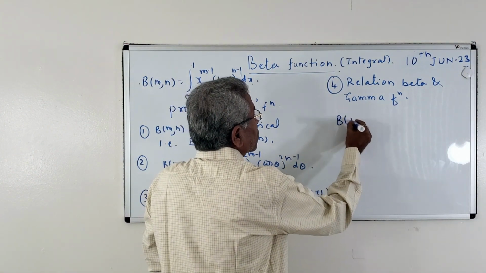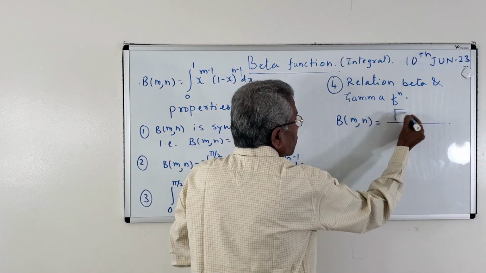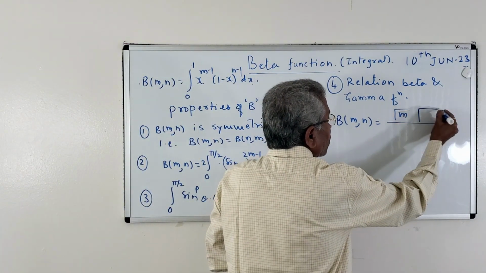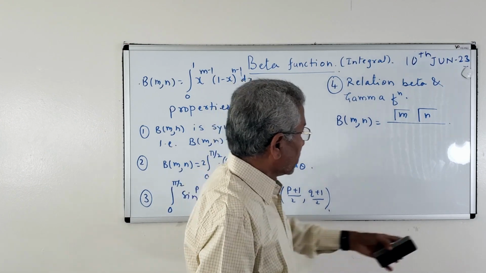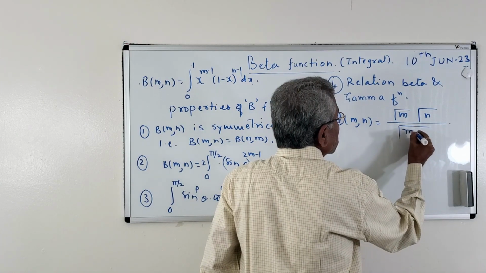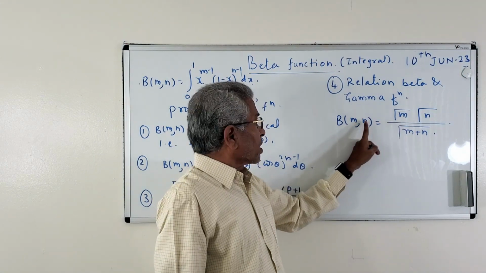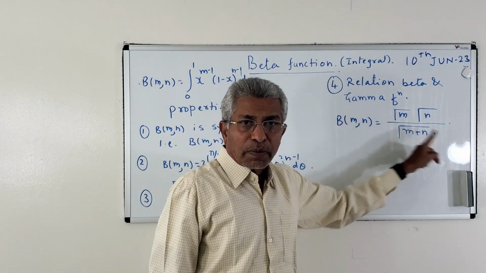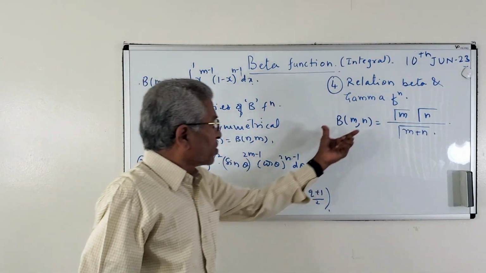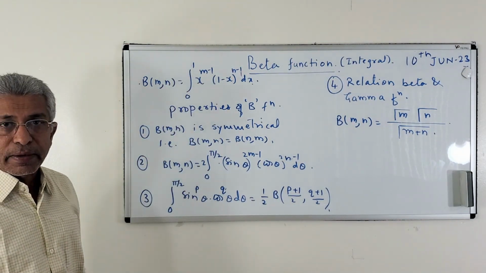Beta(m, n) is equal to gamma of the first number m multiplied by gamma of the second number n, divided by gamma of the sum, gamma of m plus n. That is called the relation between beta and gamma function. You can say this is the relation and this is the property as well as the formula to find the value of the integral.